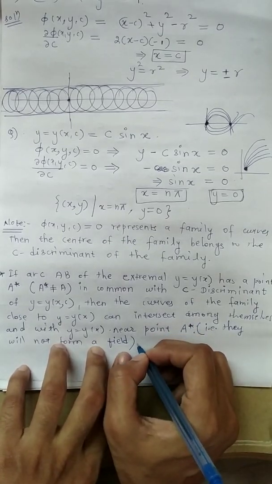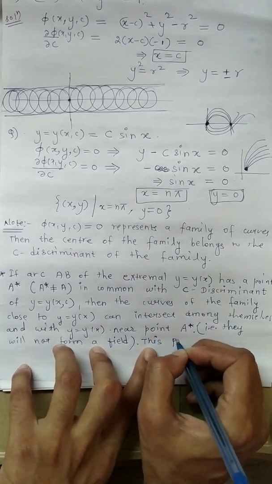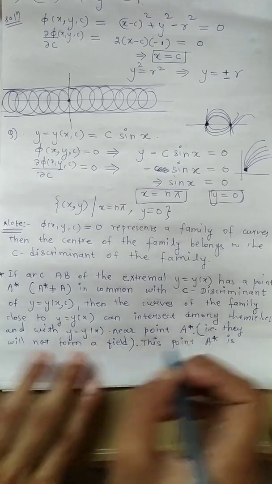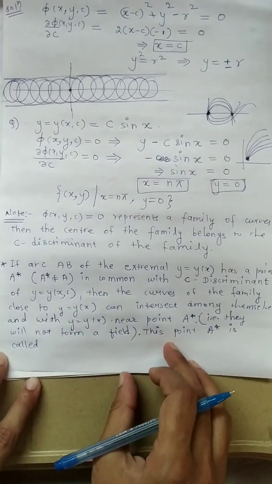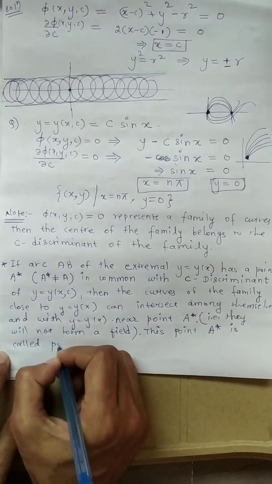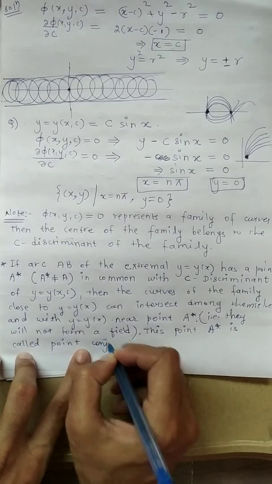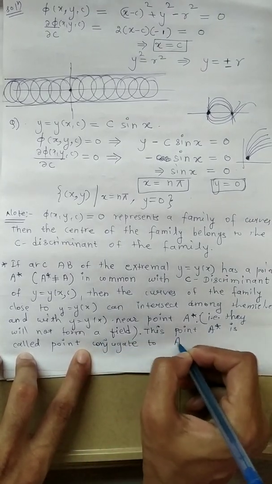This point A star is called the point conjugate to A.